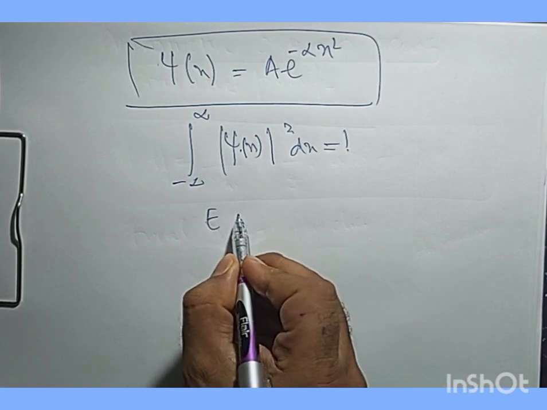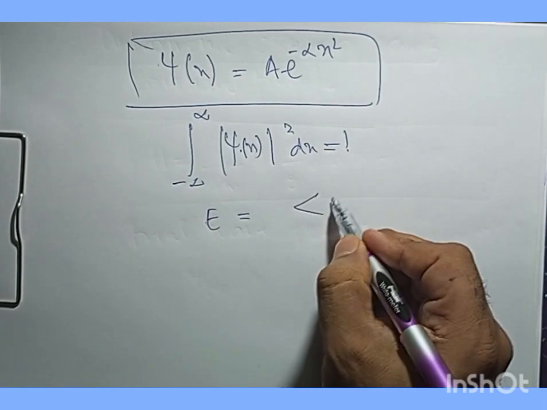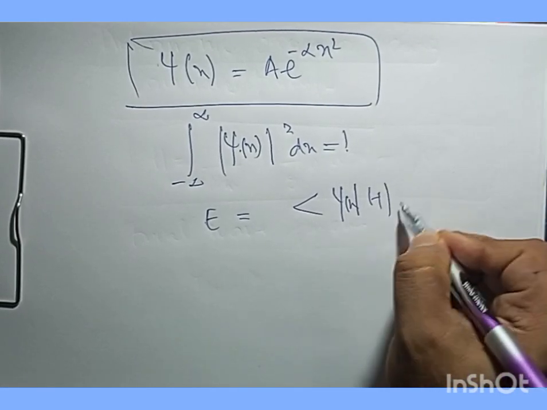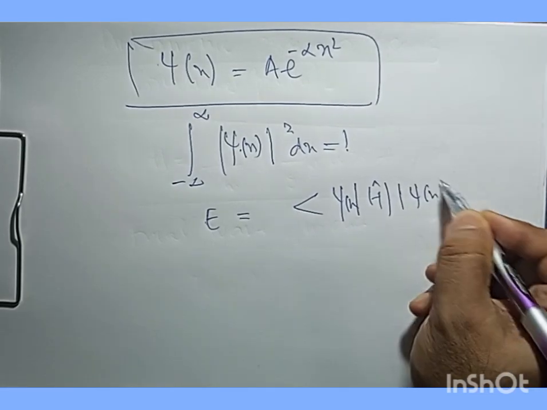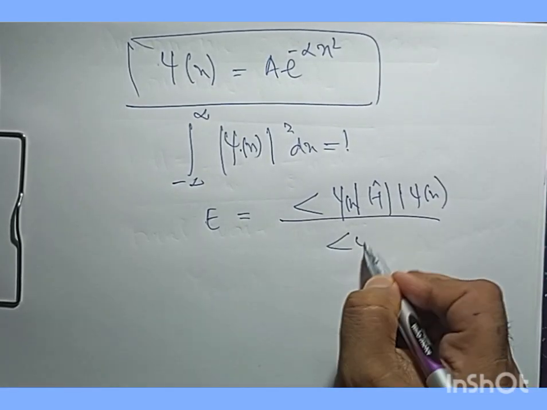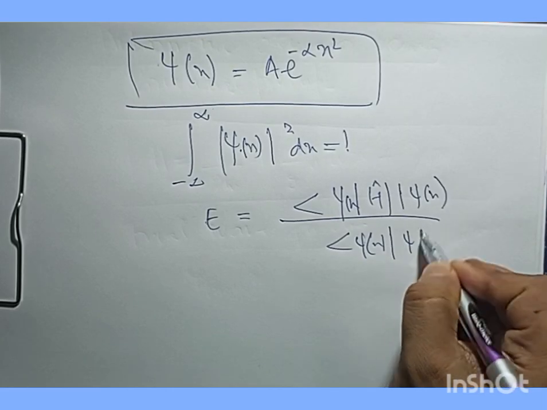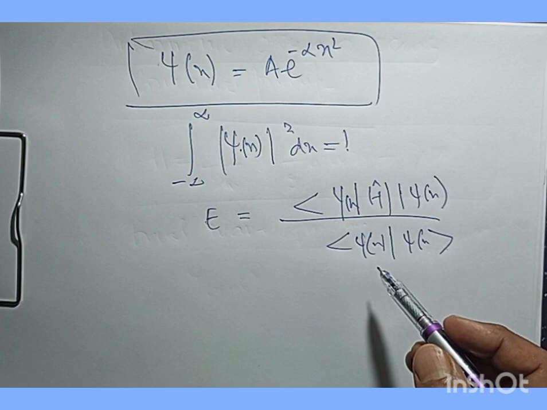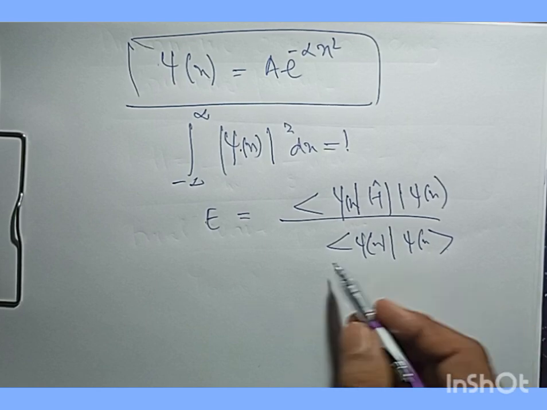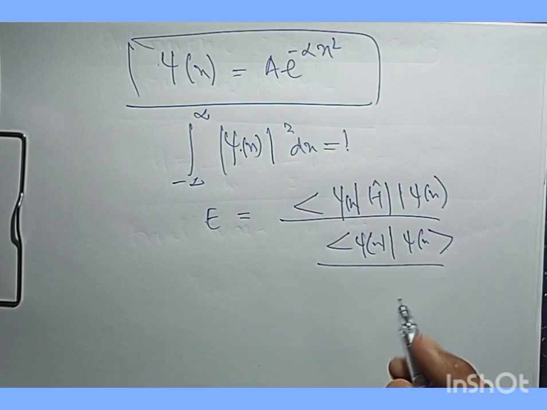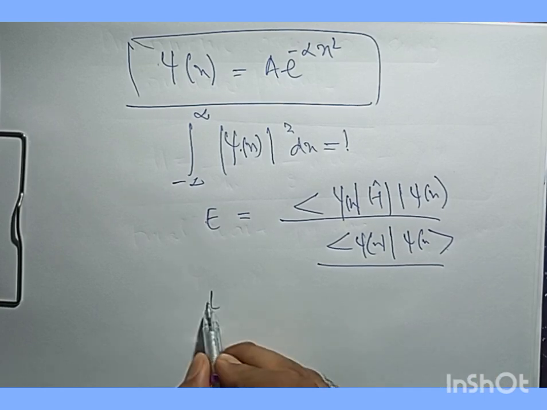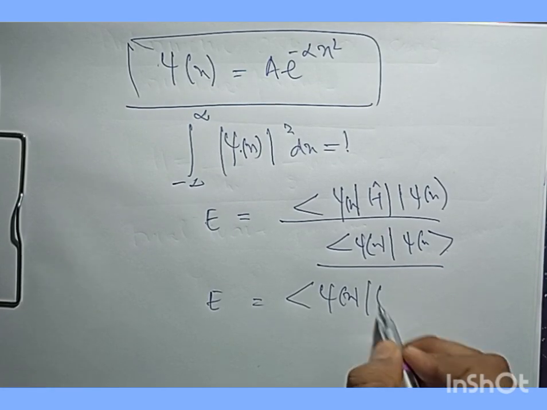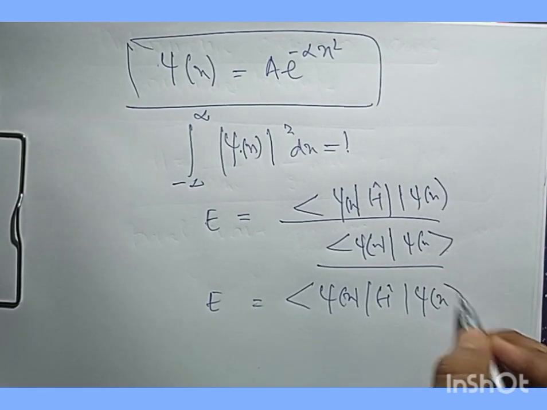This E trial comes out to be the expectation of the Hamiltonian, psi of x, then H, then psi of x, divided by psi of x and psi of x. As the wave function chosen is normalized, we can drop the denominator, and we can write this E trial as the expectation of the Hamiltonian, psi of x, then H, then psi of x.